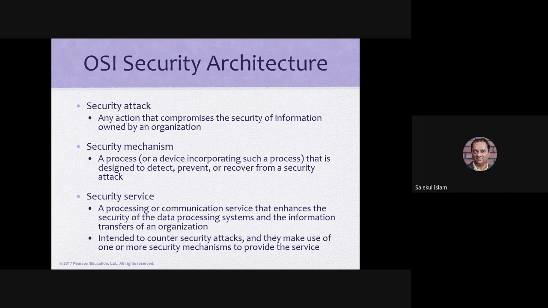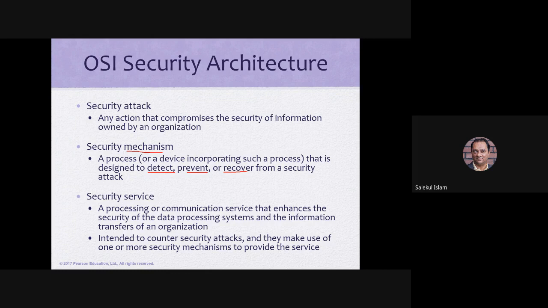So what is a security mechanism? This is a process that is designed to detect, prevent, or recover from a security attack. So through a mechanism, you can detect, or prevent, or recover from a security attack. So what is a security service?